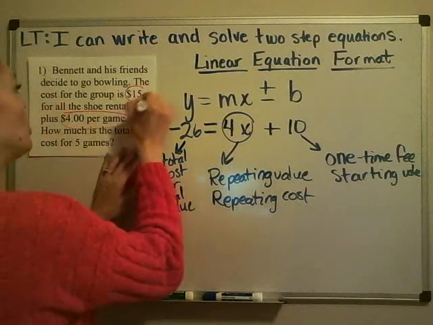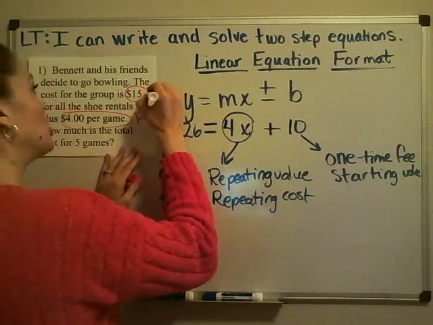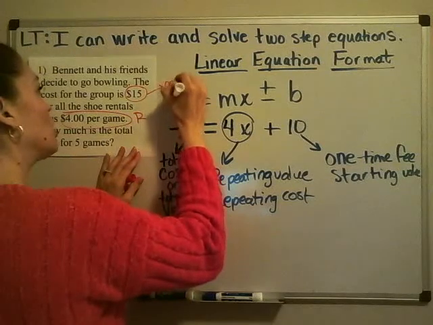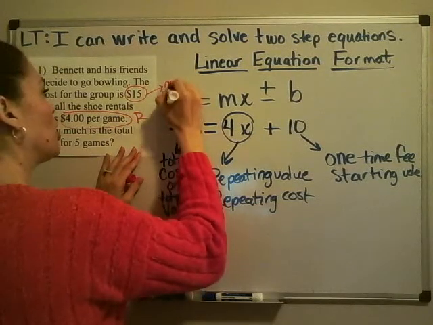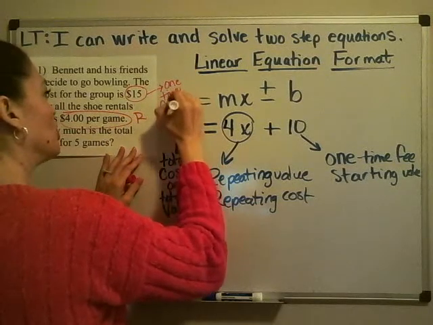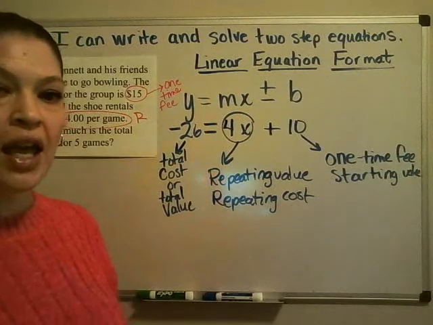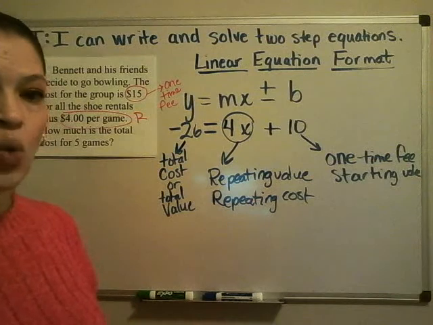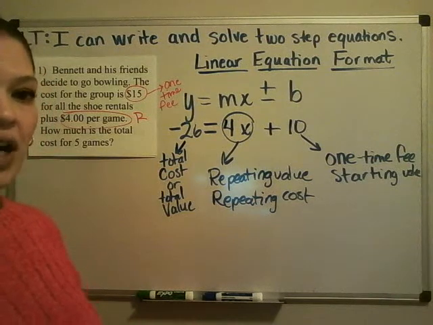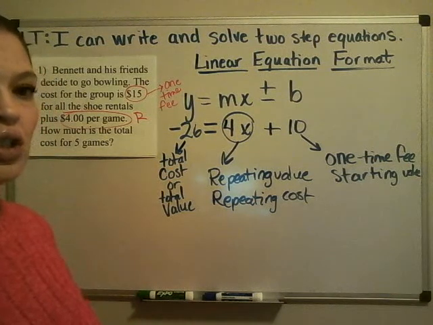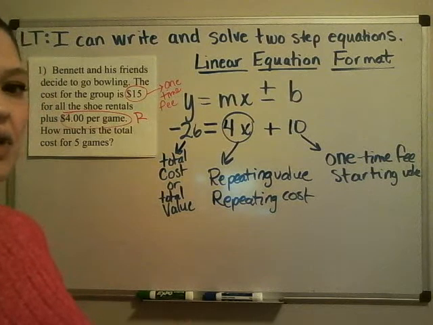So the $15 is going to be our one-time fee. Okay, so now let's construct an equation, a two-step equation, so that we can find the total cost for 5 games.